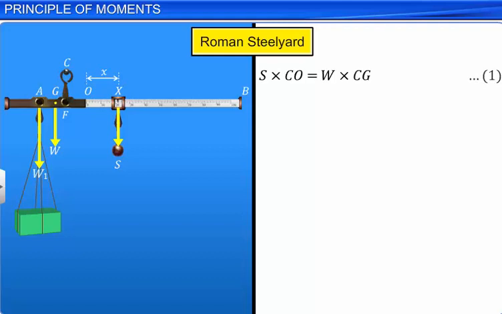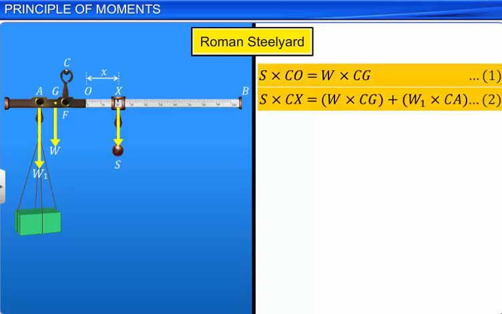In this position, taking the moments of the weights W, W1 and S about fulcrum C again, we get S into CX is equal to W into CG plus W1 into CA. Let this be equation 2. Subtracting equation 1 from 2, we get S into CX minus CO is equal to W1 into CA. Let this be equation 3.